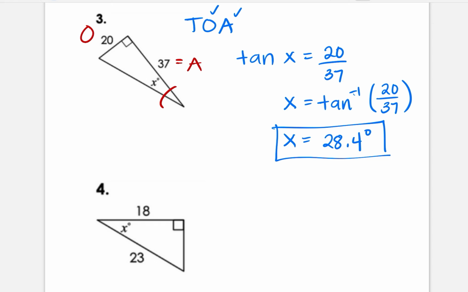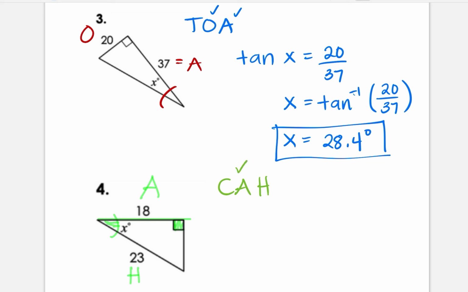Let's try this last problem right here. The given angle is this angle. This side touches the angle, so we label that as A. And this side right here is H. It is opposite the box, the right angle. And so that means we're going to be using CA, which is cosine.